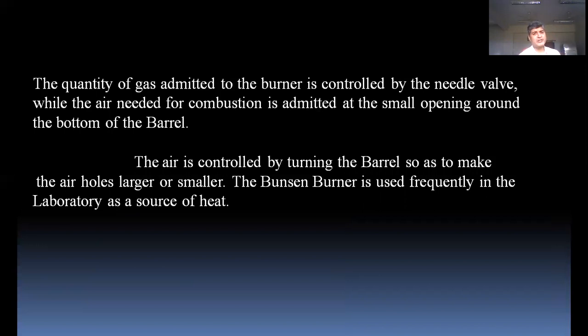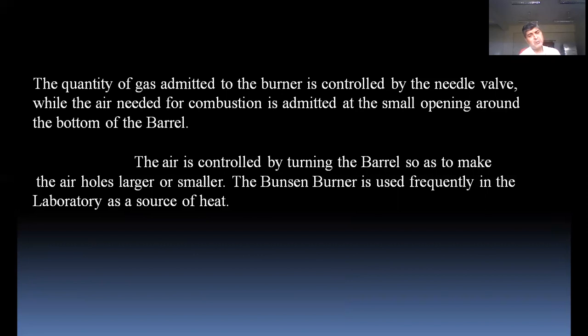The air is controlled by turning the barrel so as to make the air holes larger or smaller. Thus the Bunsen burner is frequently used in the laboratory as a source of heat.